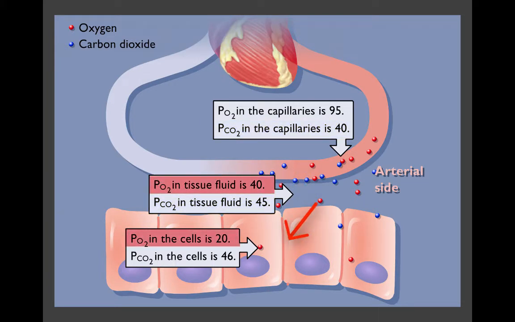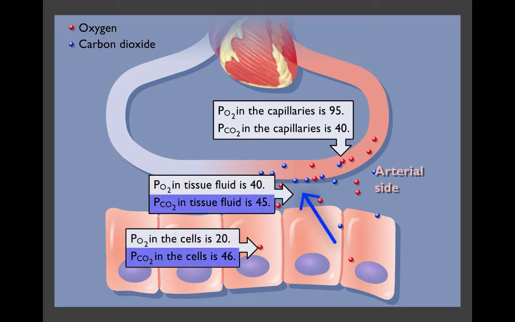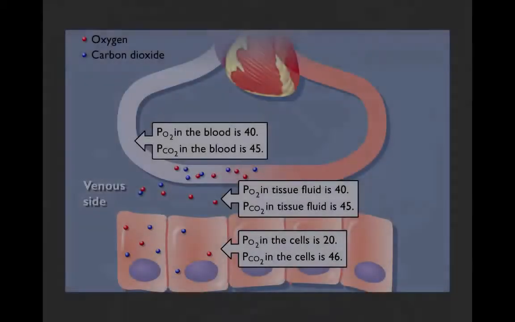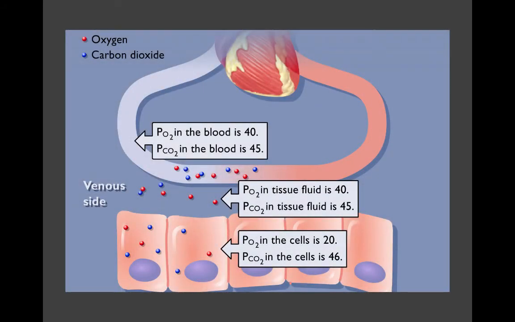The cells have a low partial pressure of oxygen of 20 millimeters of mercury, while carbon dioxide will leave the cells to enter the interstitial fluid because the partial pressure of carbon dioxide inside the cell is 46 millimeters of mercury. Blood that leaves the tissue has given away oxygen and picked up carbon dioxide. This exchange in gases results in partial pressures of oxygen dropping from 95 down to 40 millimeters of mercury, and for carbon dioxide it rises from 40 millimeters of mercury to 45 millimeters of mercury.